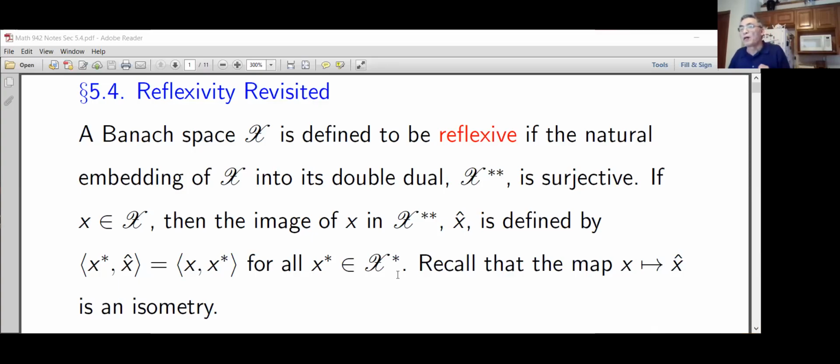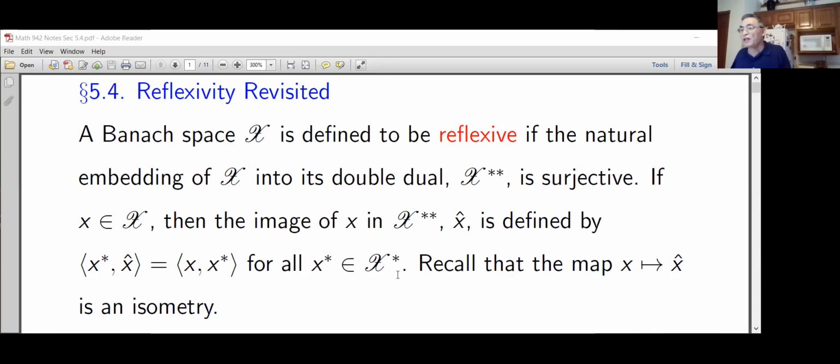A Banach space X is defined to be reflexive if the natural embedding of X into its double dual X** is surjective.